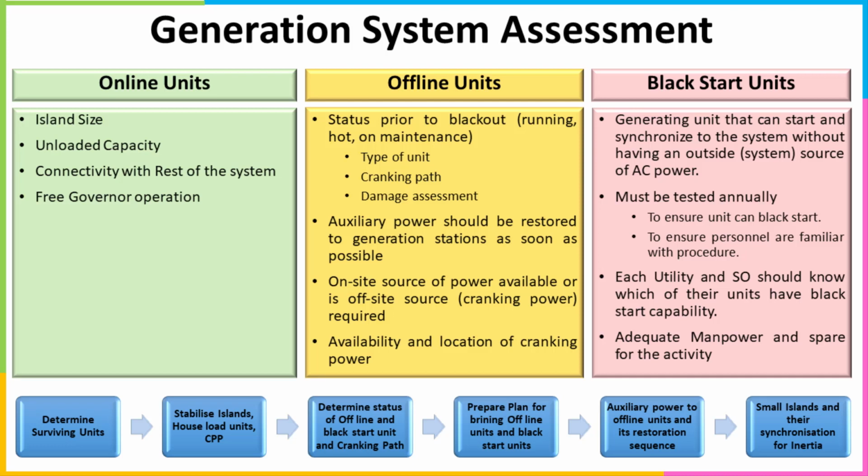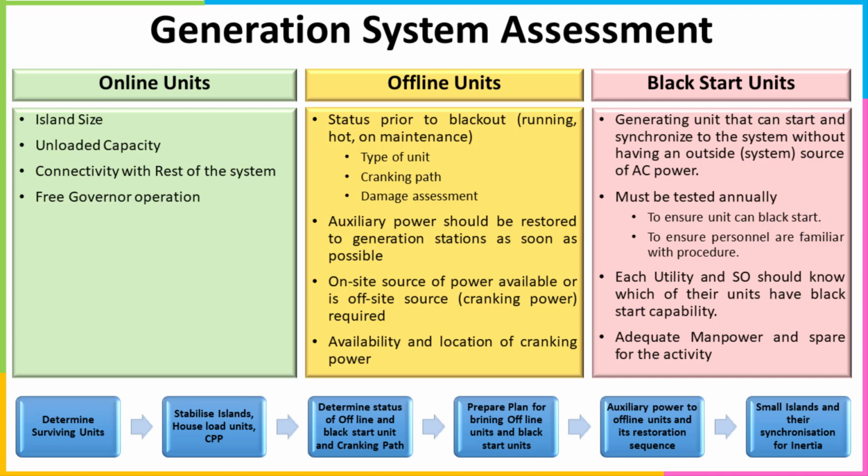Immediately after the island forms, what will happen? The load is 300, so the 400 megawatt generation will come back to 300 megawatt. So now you have a reserve margin of 300 megawatt capacity available. You have to utilize that to increase the island size to restore more load in a quicker manner, by stabilizing the island and restoring more of the nearby area. In this online unit, one of the important aspects is free governor operation.